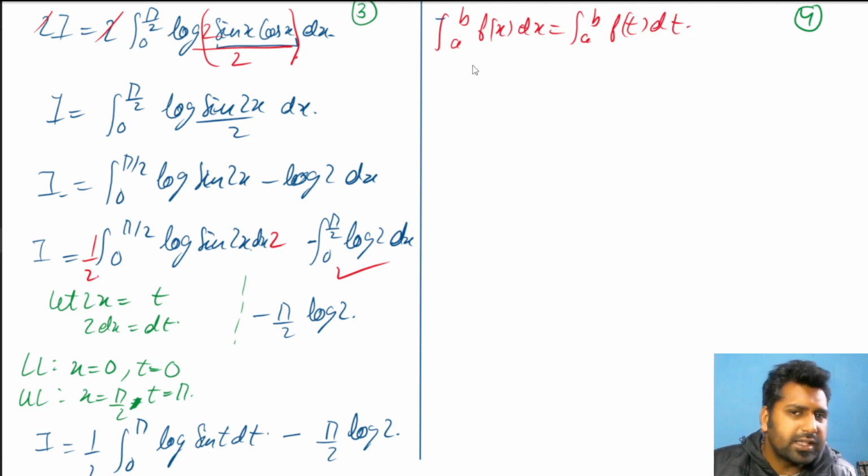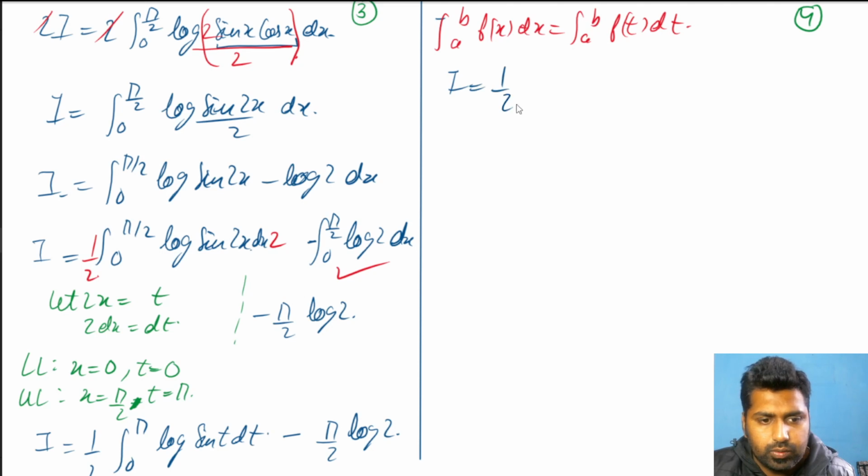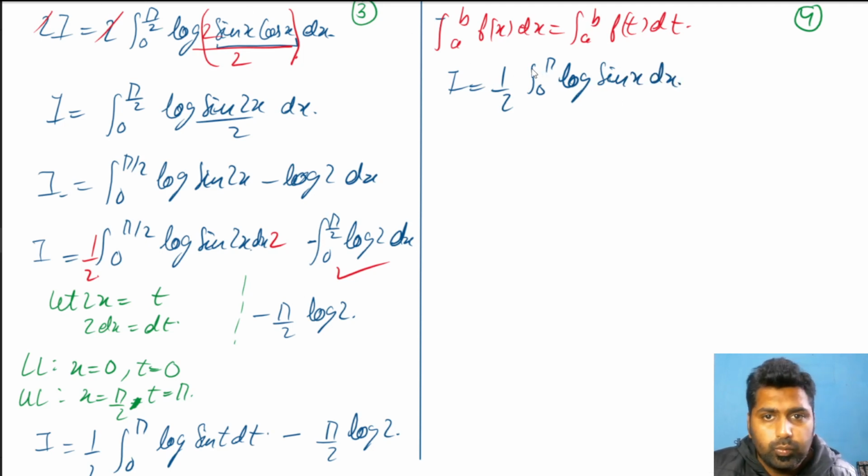This means the name of the variable has no significance in a definite integral. So whether I write sin t dt or replace it with sin x dx, it's the same thing. So this becomes I is equal to 1 by 2 integration 0 to pi log sin x dx. And this thing I'm highlighting was your I.